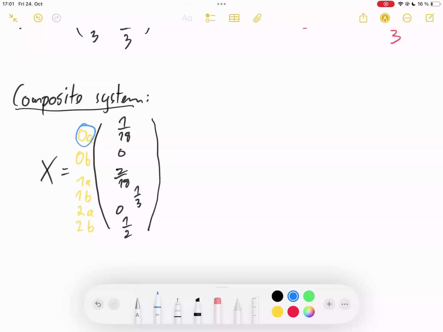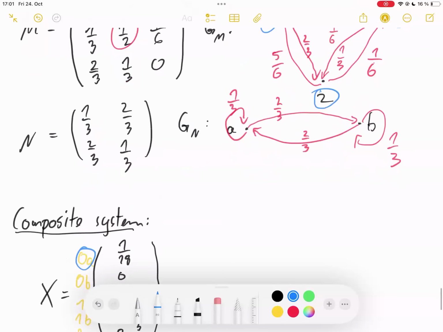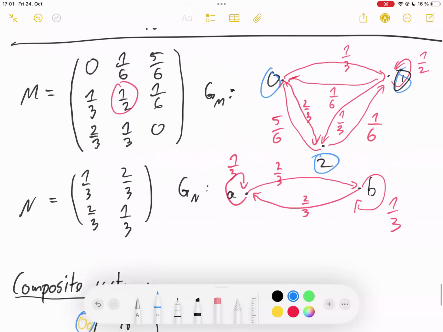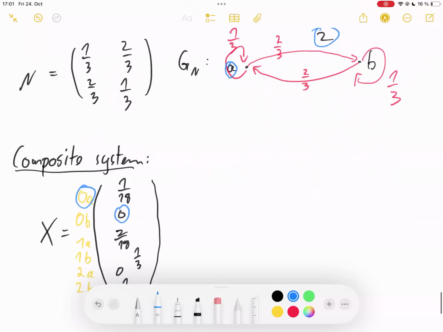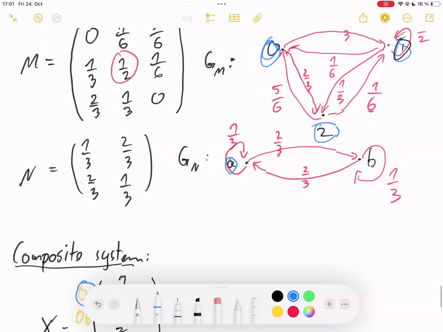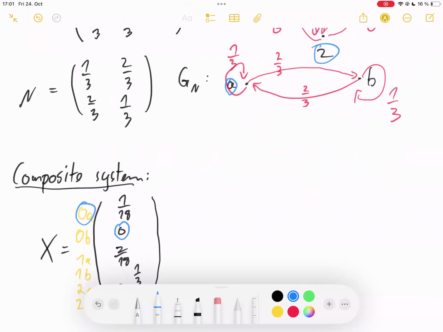That means there is a chance of 1 divided by 18 that we have our marble in 0 in the first system and the other marble in the other system in A. And there's a 0% chance that my marble is in the first system in 0 and in the second system in B, and so forth. So this is how you need to interpret this.